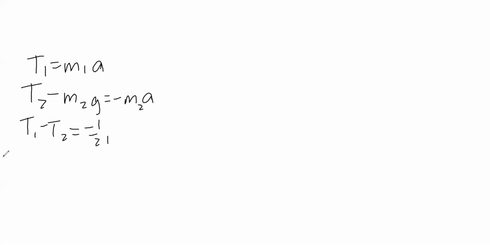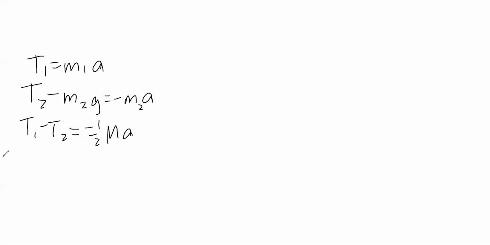So even if you were struggling following along with all the steps, you can certainly reset right now and solve these equations for A. T1 minus T2 equals minus 1/2 M times A.